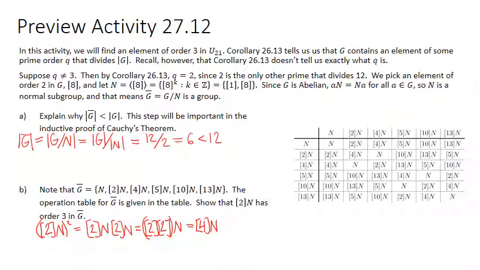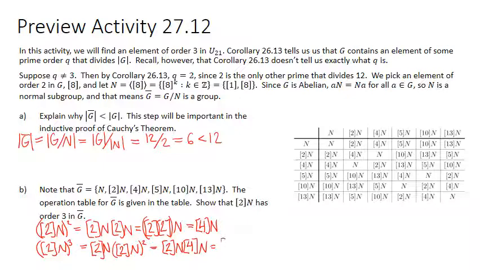Okay, and now let's take the next power. So if I do 2n cubed, I can write that as 2n times 2n squared, which I already know what that is. So this is going to be 2n times 4n.